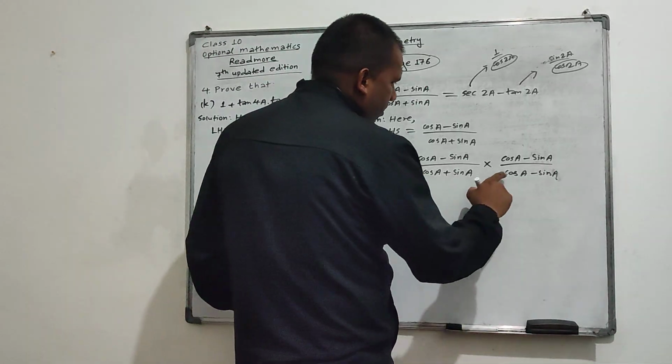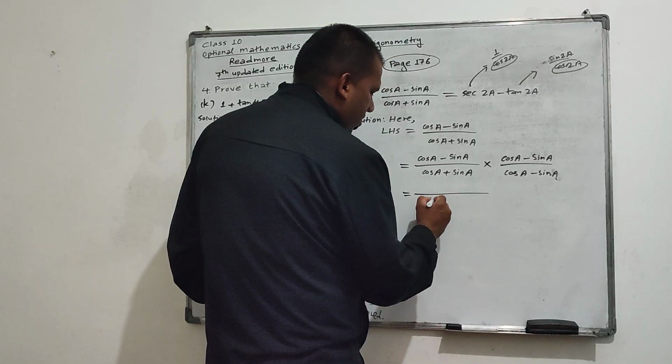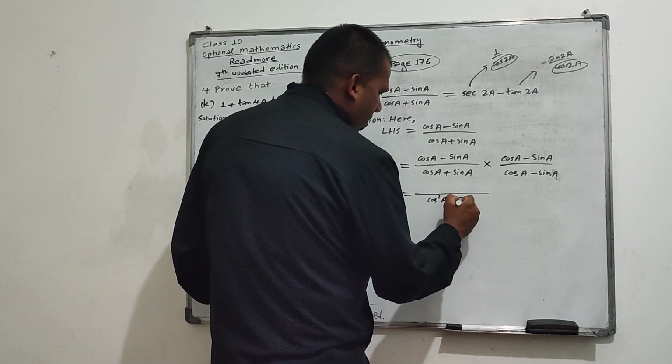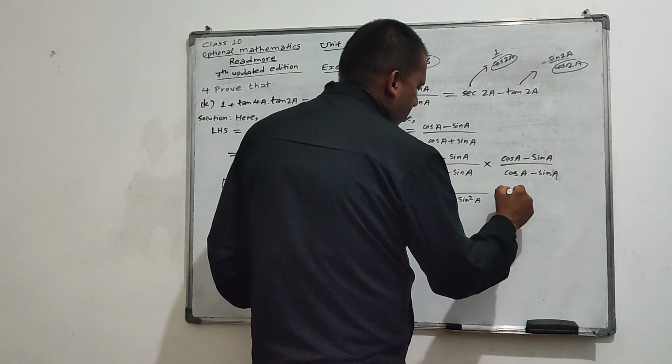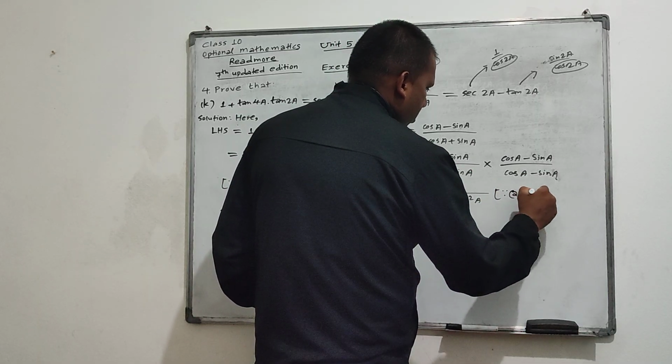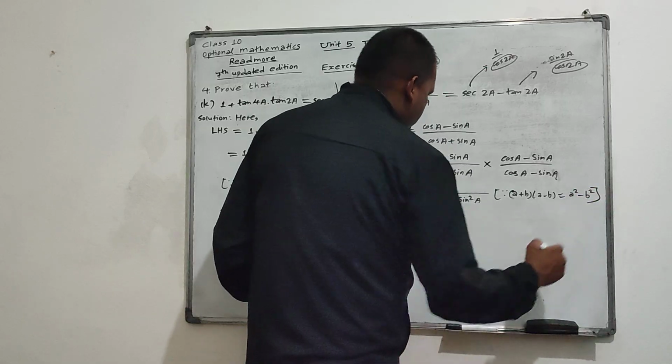Cos A plus sin A times cos A minus sin A makes cos square A minus sin square A, because (A plus B)(A minus B) equals A square minus B square.